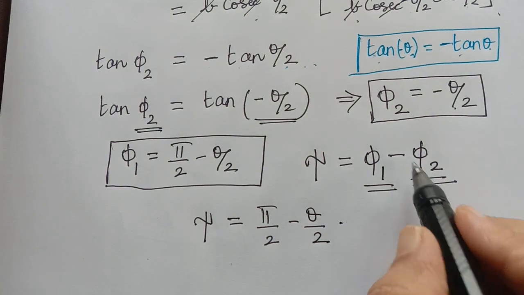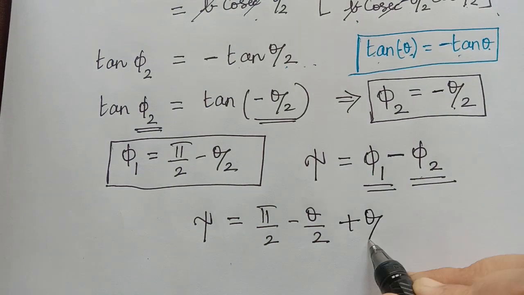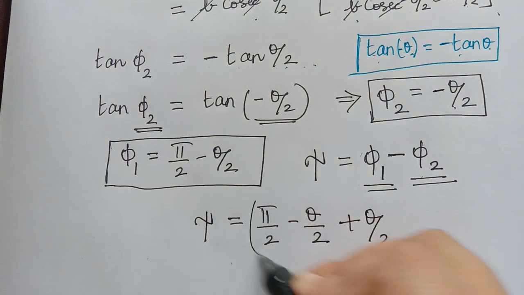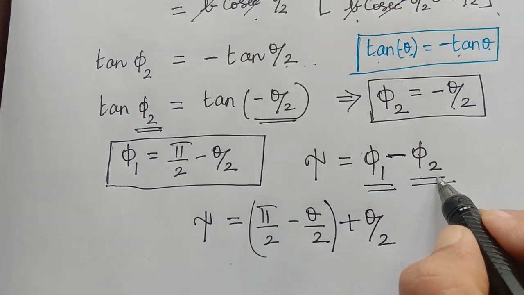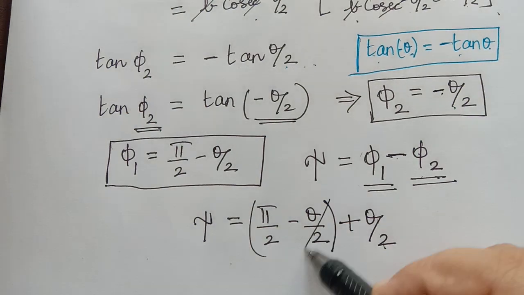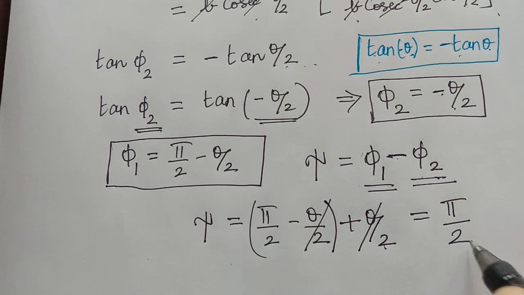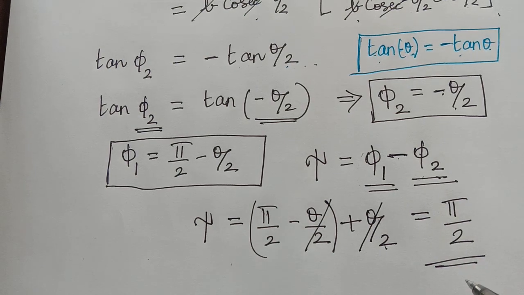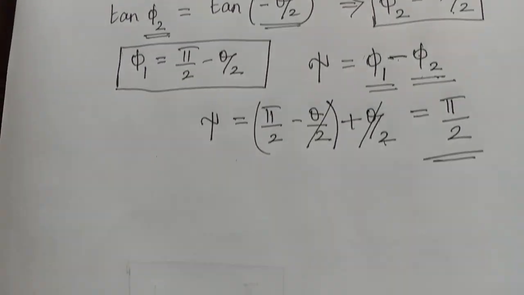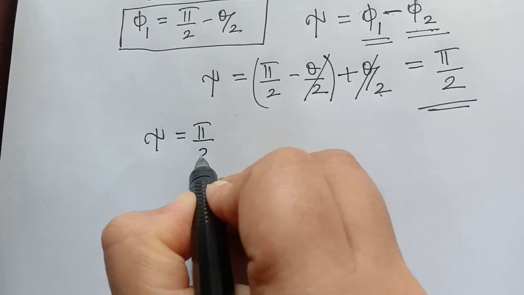Minus of minus becomes plus, so plus theta by 2, because it is phi 1 minus phi 2. This gets cancelled and we are left with pi by 2. But what is pi by 2? It is 90 degrees. So we have obtained xi to be 90 degrees, that is pi by 2.